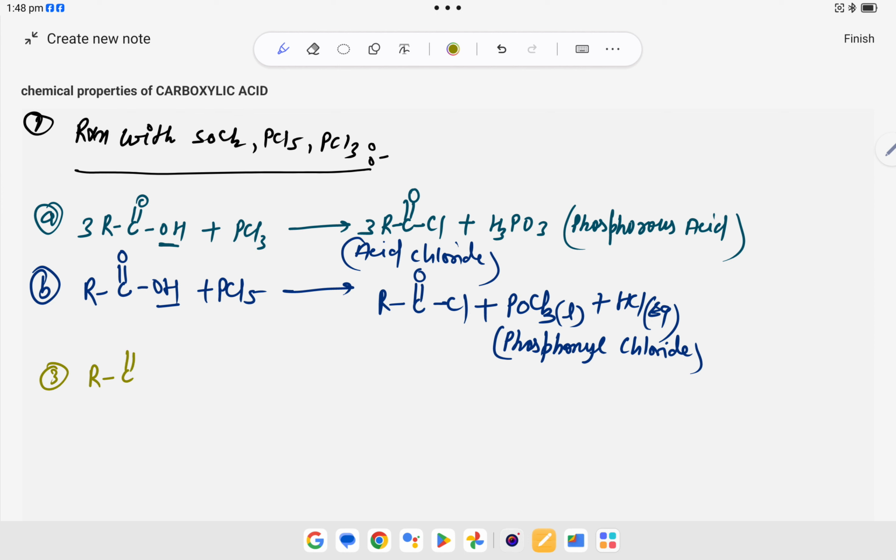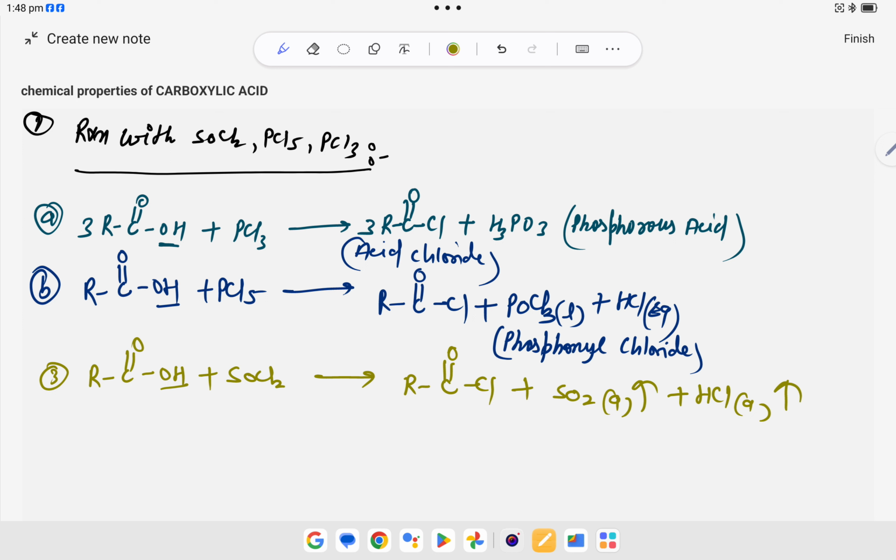Number three, again carboxylic acid with thionyl chloride, SOCl2, again the same product, plus SO2 gas and HCl gas. That is the interesting thing.